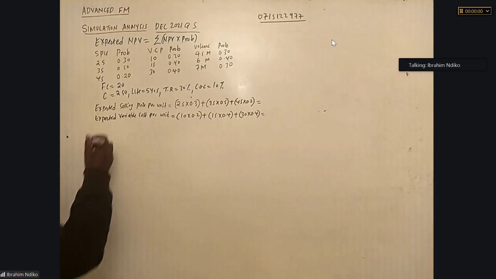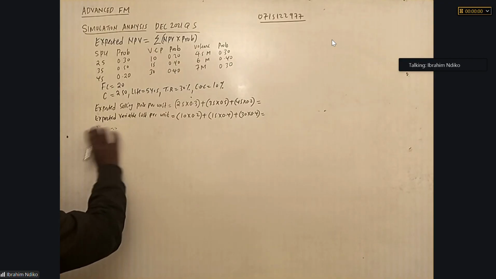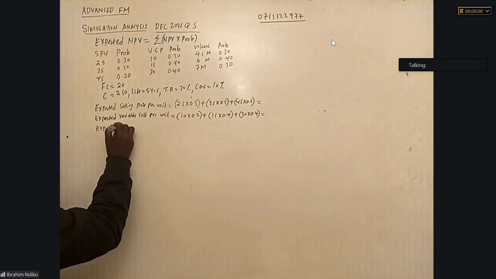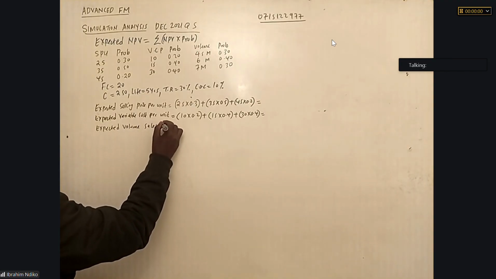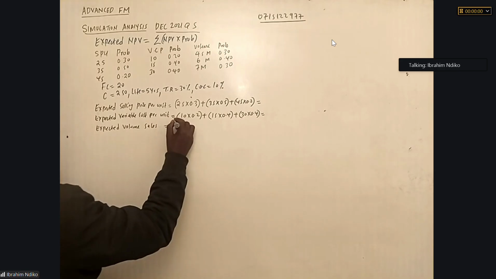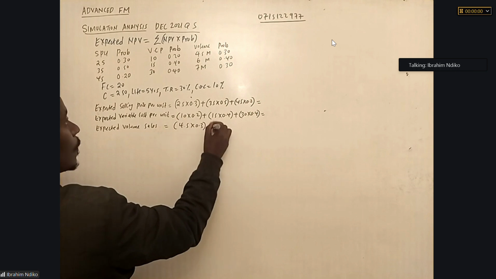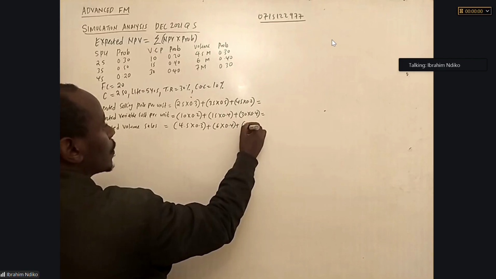You can also get the expected sales volume: 4.5 million times 0.3, 6 million times 0.4, 7.5 million times 0.3.